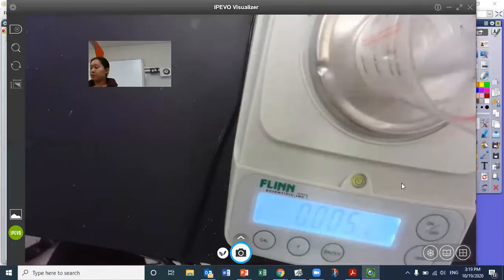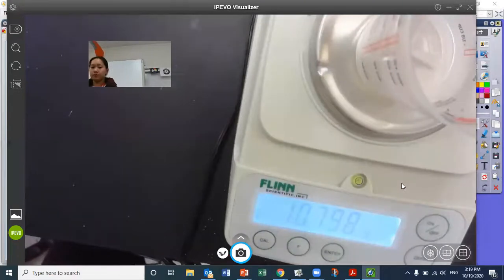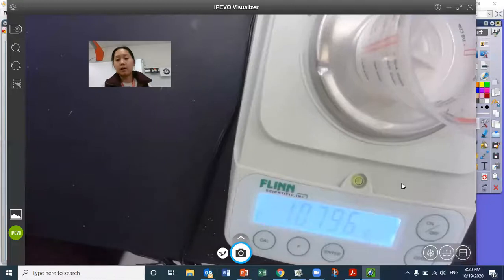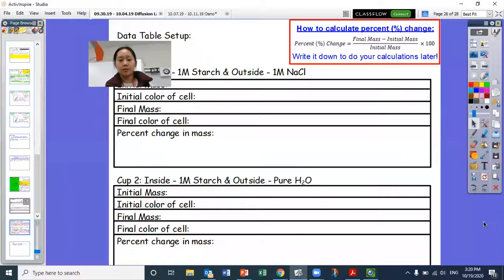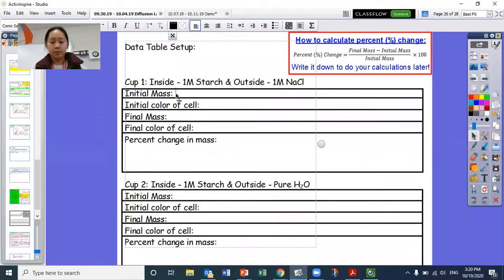And so we're going to put in the tube for the NaCl cup now, the salt solution cup. And that is going to be 10.796. We're going to round to the hundredths, which means that it's going to be about 10.8 since these numbers all seem to round. Oh, it's going to be 10.79, which means our data right here is going to be 10.79 grams.